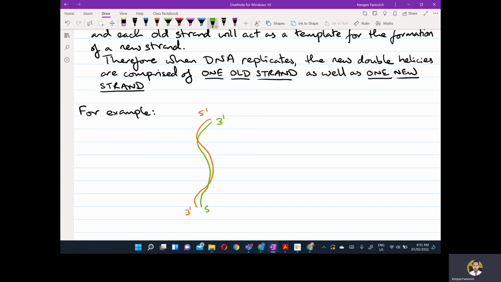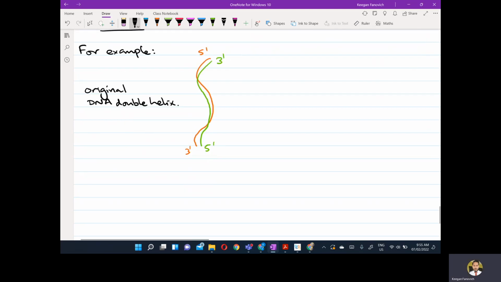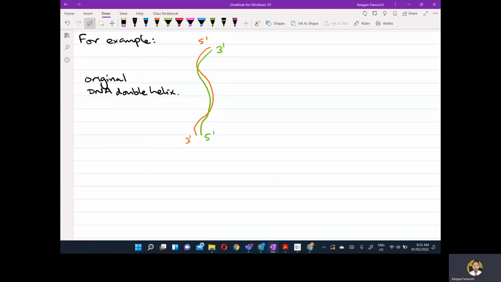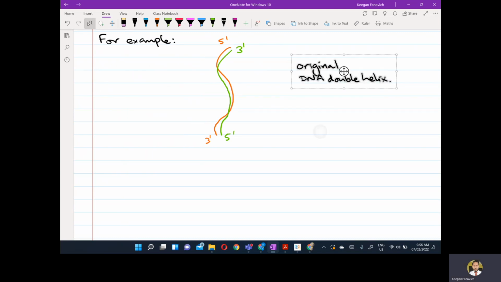This would be a 3' to 5' strand. So this is your original DNA double helix. That's the original DNA double helix. So this would be like before replication.